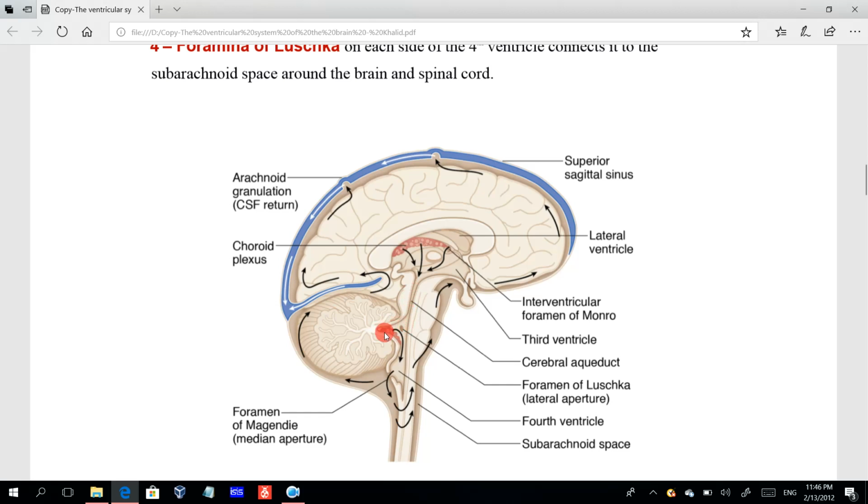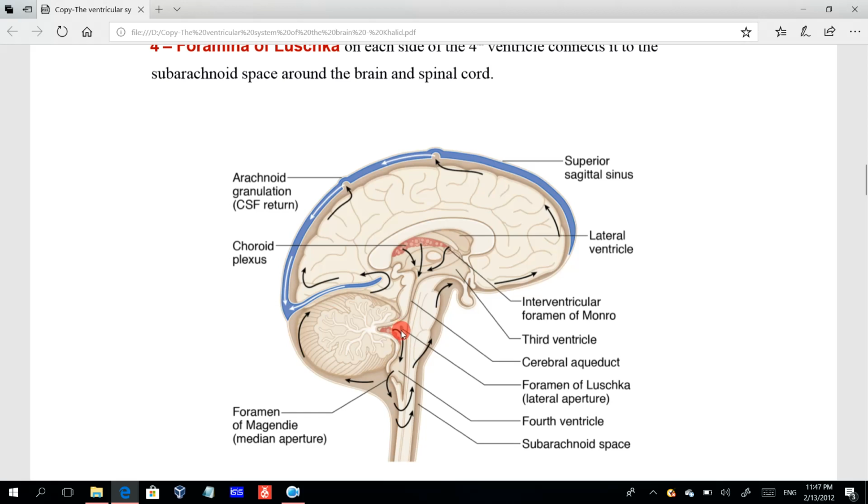And here, this is the fourth ventricle. The fourth ventricle contains three openings. One opening below it connects the fourth ventricle to the central canal of the spinal cord, and the other openings are on each side, one on the right, one on the left.